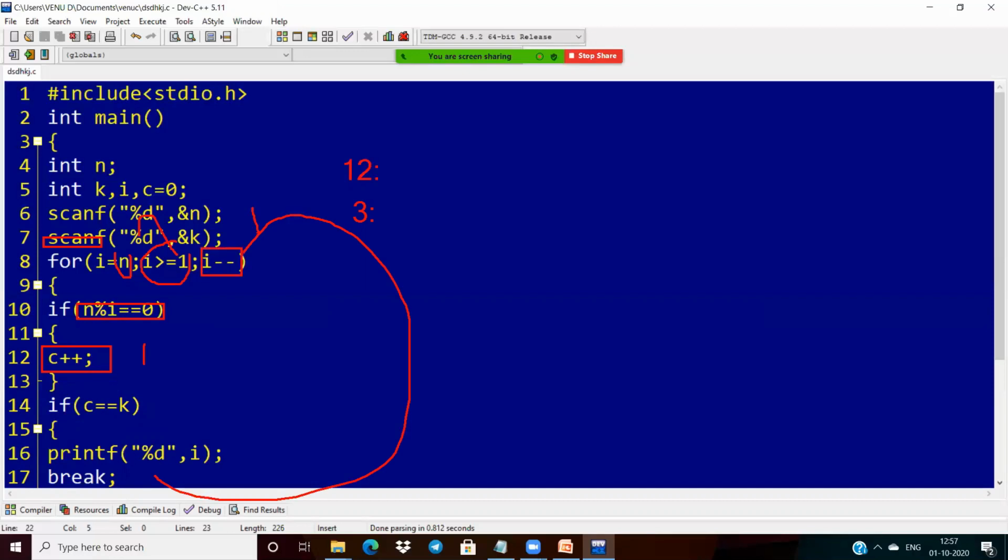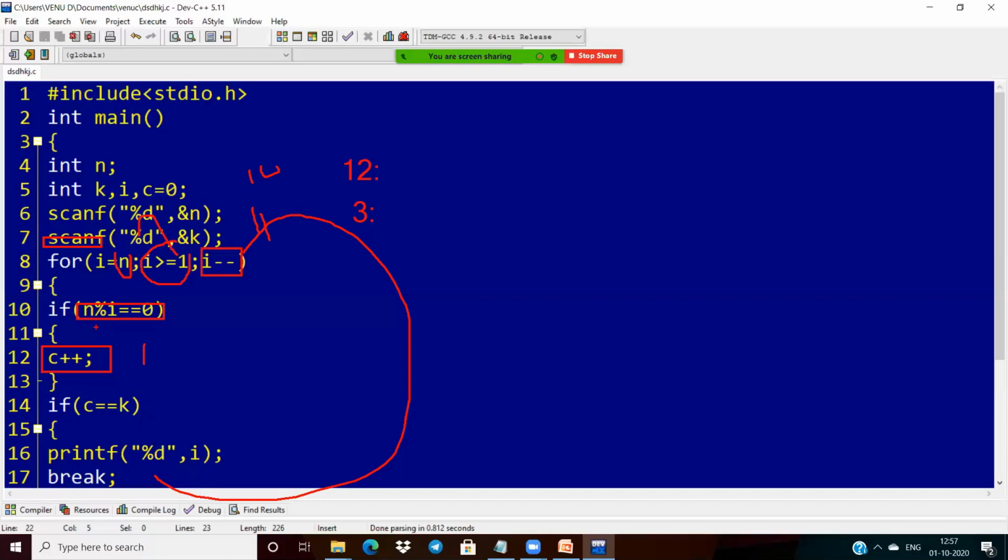What is the value of I right now? 11. Is 11 greater than 1? Yes. Is 12 percentage of 11 equal to 0? No. Then, is C equal to K? No. Then immediately I is decremented to 10. Is 10 greater than or equal to 1?